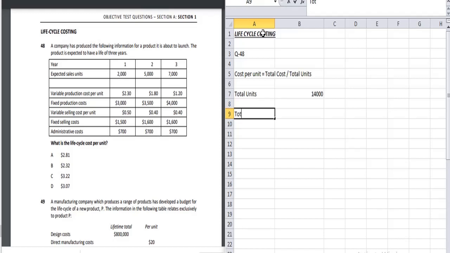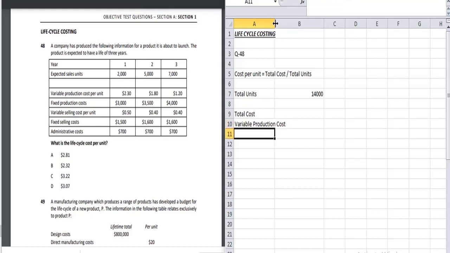Now it's time to get the total cost. The first is variable production cost, and it's per unit. Now we have to calculate the total cost.